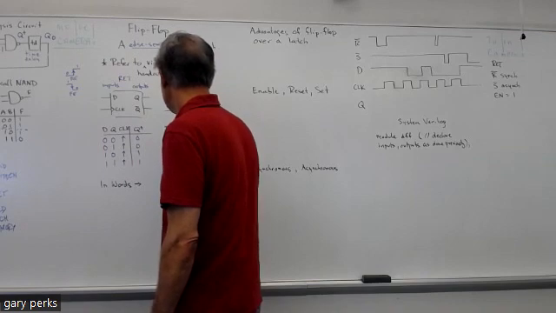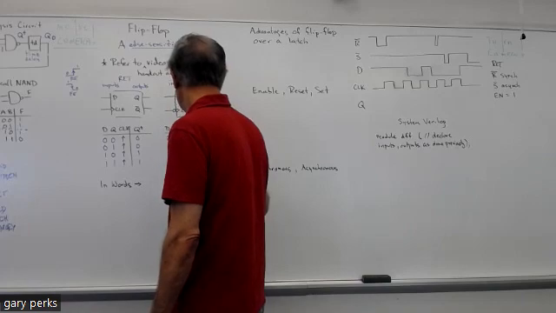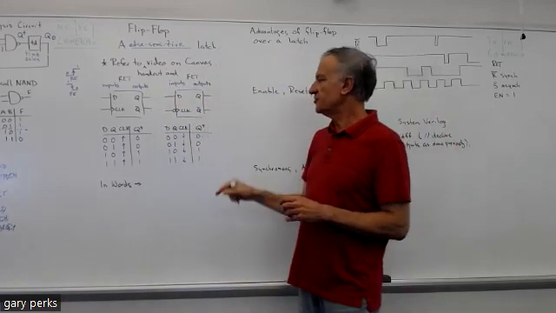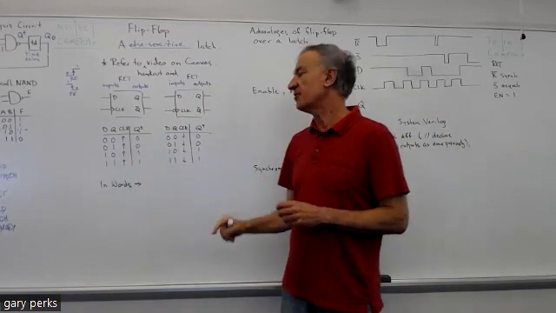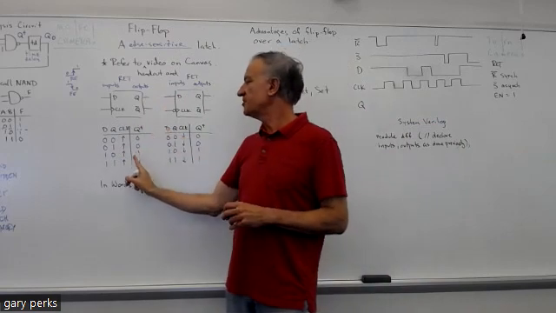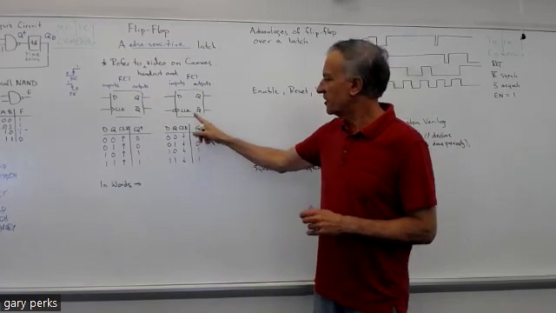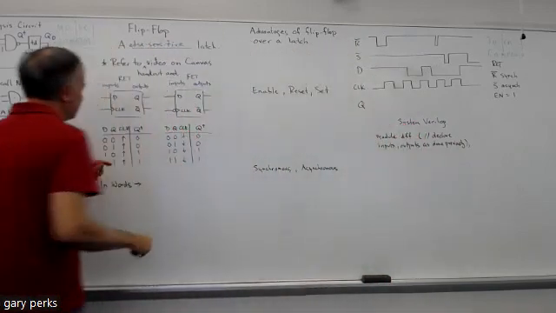I'll explain it once I have it filled out. Okay, so notice the only thing different in the truth tables is in the clock column, the direction of the arrow. Right here for the rising edge, the arrow is going up. Here for the falling edge, the arrow is going down. Other than that, the truth tables are the same.